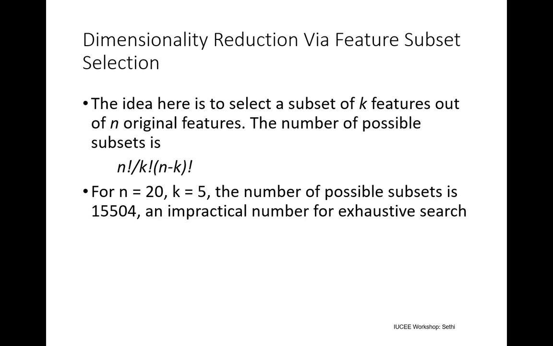All right. That means we need to do some kind of search. We need to go over these combinations and figure out which is the best combination. All right. Now, when the number of possibilities is small, then one can do what we call an exhaustive search. That is, you can go over every possibility one by one and see how good that is.